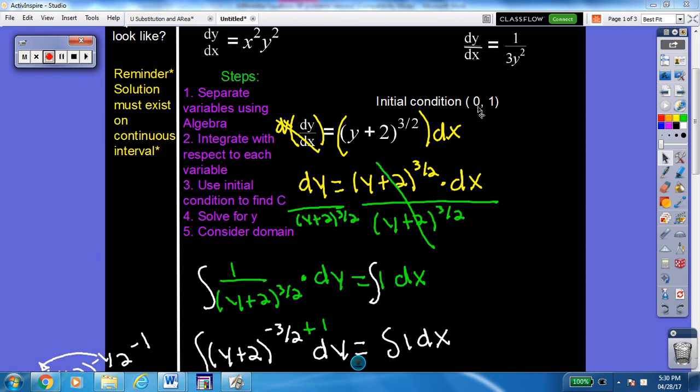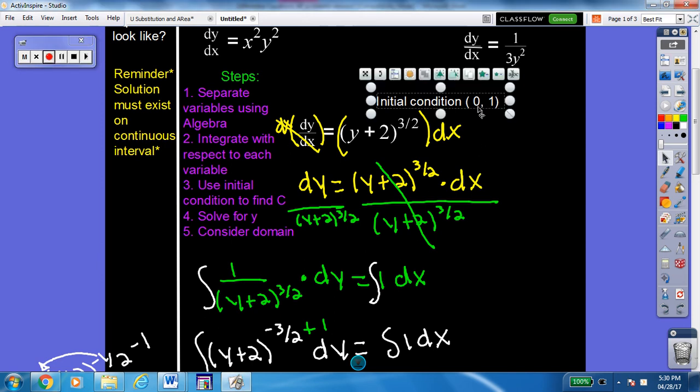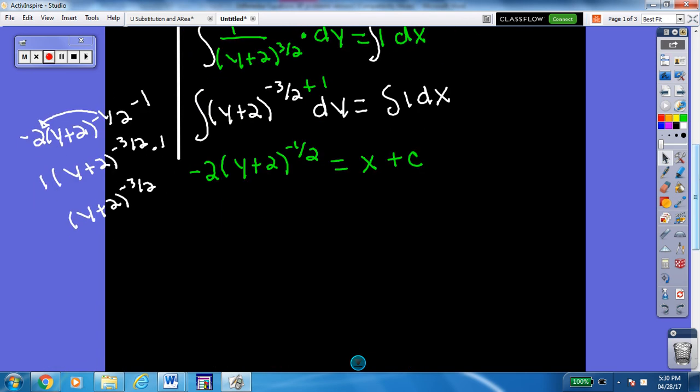The initial condition for this problem is actually going to be (0, 1). So x is 0, y is 1. And we're just going to plug those right into each of the variables. So it's going to be negative 2 times (1 plus 2) to the negative 1/2 equal to 0 plus c.